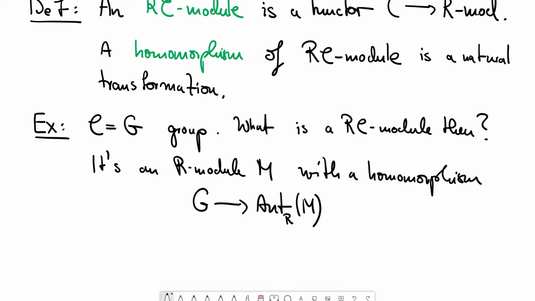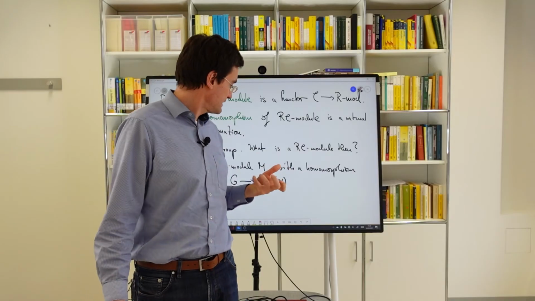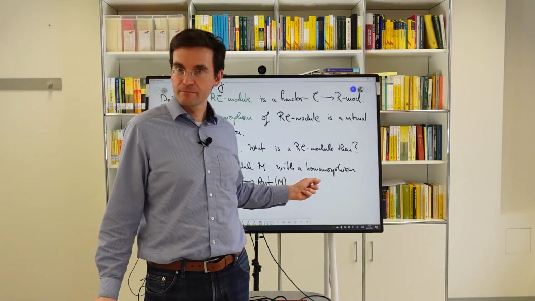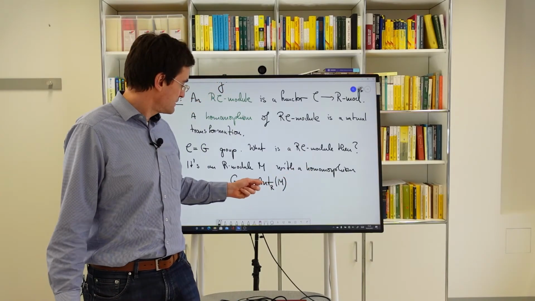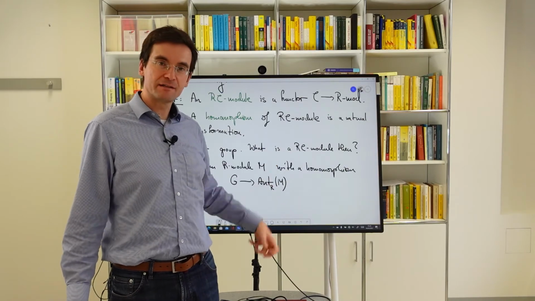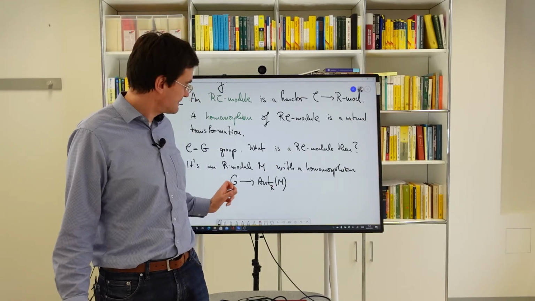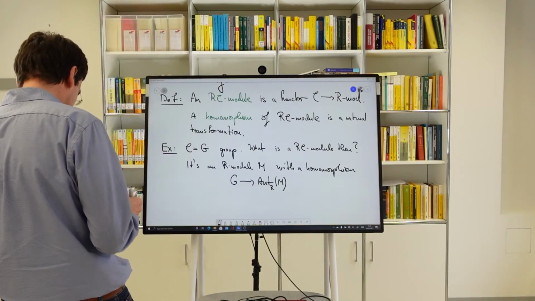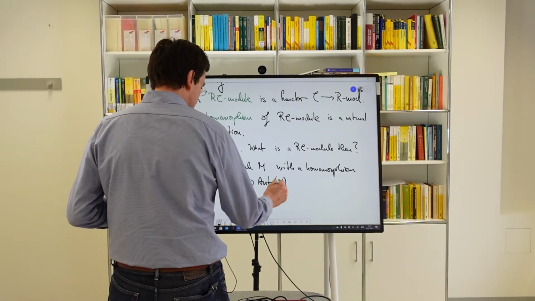Since there's only one object, all the morphisms are endomorphisms. What you really get is a map from G to the endomorphisms of M. But since G is a group, every element of G has an inverse, so it's actually going to be an automorphism of this module M.